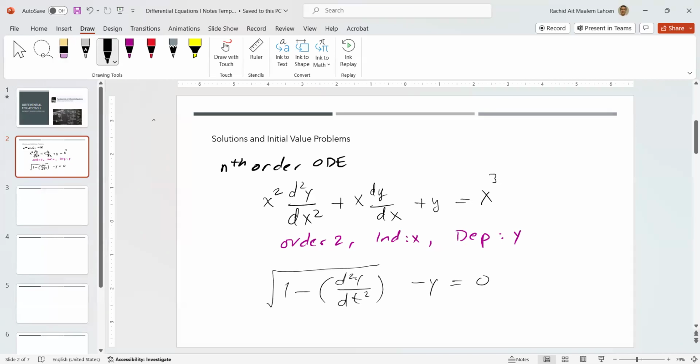Here, this square root may confuse you because we're used to things happening when something is in a square root or squared. But here the derivative is second order, so that doesn't change. The order is 2. The independent variable is t, and the dependent variable is y.